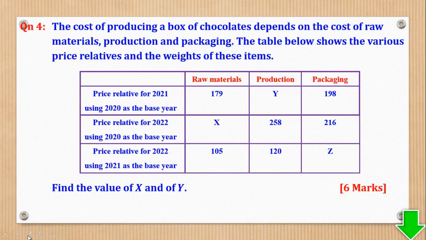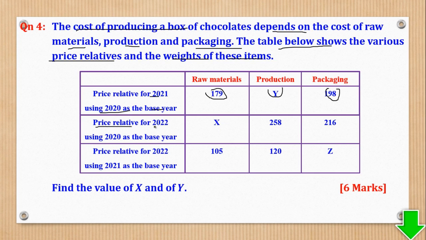So now we shall go to question 4. Question 4 says, the cost of producing a box of chocolates depends on the cost of raw materials, production, and packaging. The table below shows the various price relatives and the weights of these items. The price relative for 2021 using 2020 as the base year is 179 for raw materials, Y for production, and 198 for packaging.